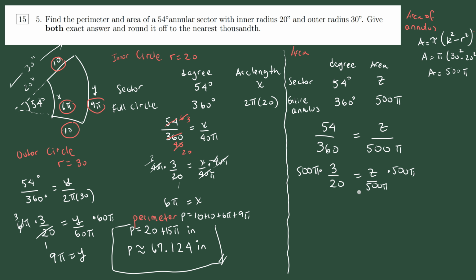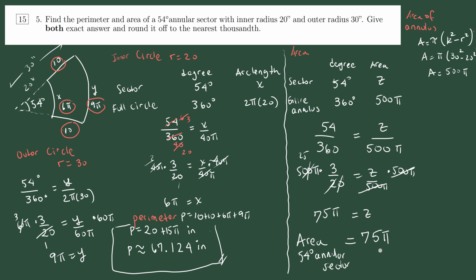We've got to reduce this part here, right? Cancel out, and then here 10 with 10. 2 goes into 50 25 times. So you're actually going to have 75 pi equals C, and that was the area, right? So the area of the 54 degree annular sector is 75 pi.